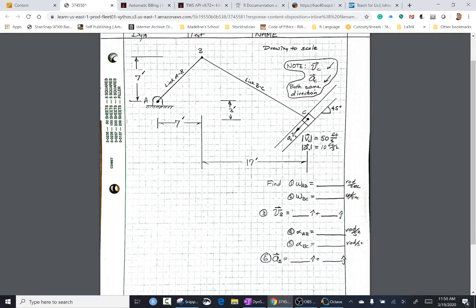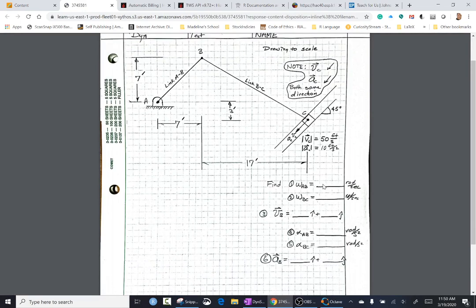Oh, I was supposed to find the velocity of B, so I found these two, found those two, didn't find the velocity of B yet, didn't find the acceleration of B. But those terms be pretty easy to come up with. They're buried. Let's go deal with the velocity of B first.